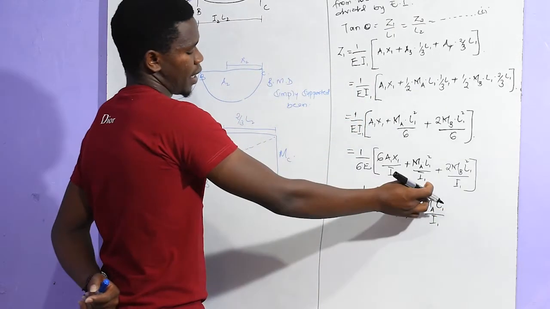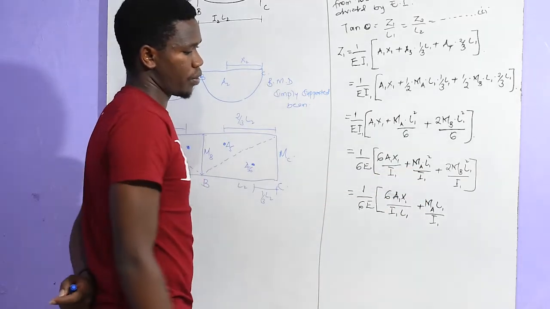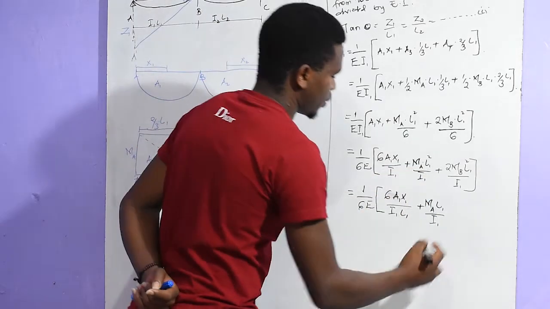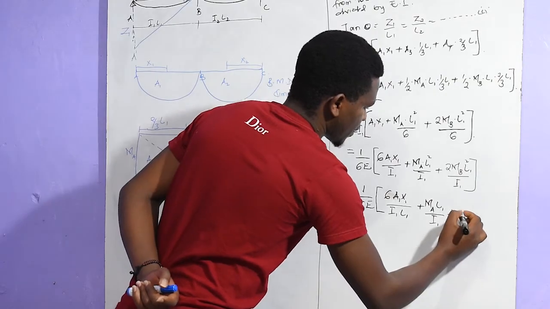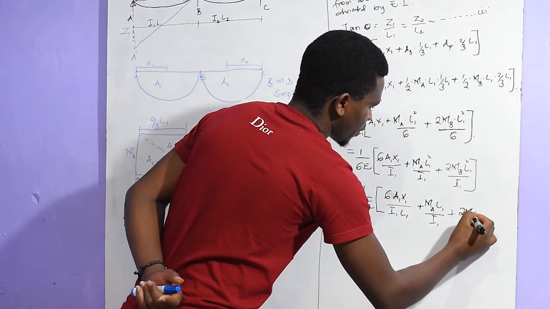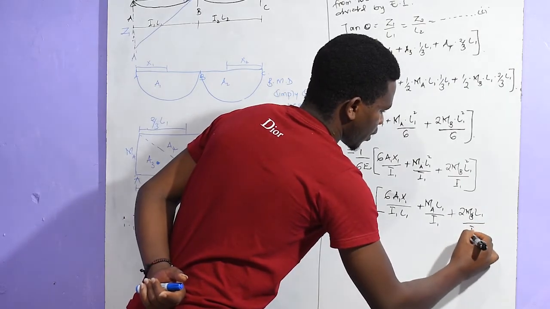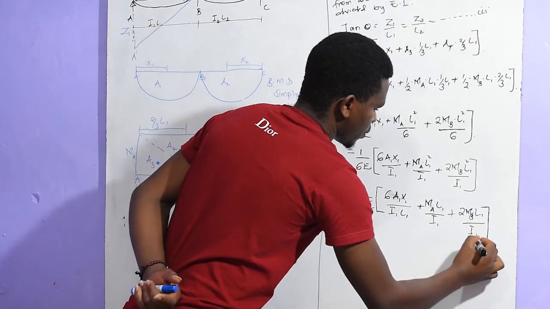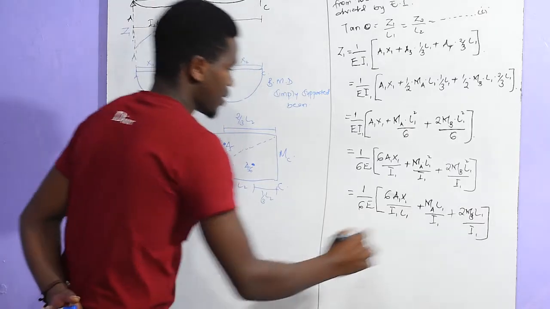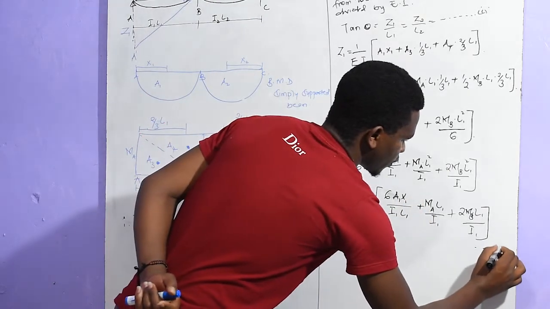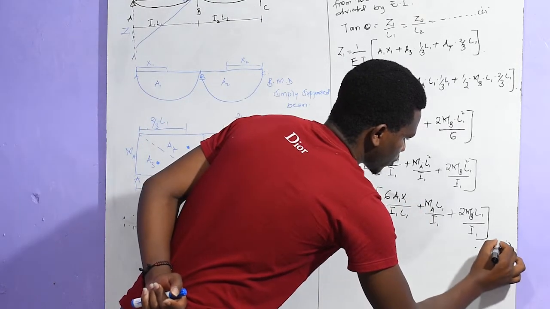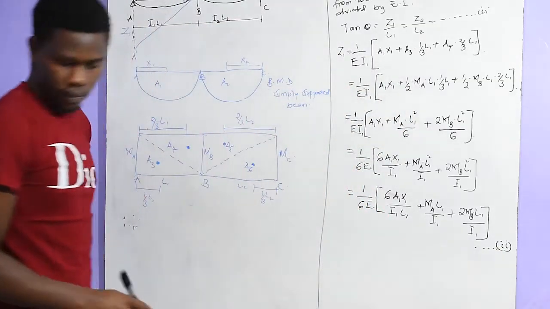Dividing by L1 cancels with one of the L1 and we are left with L1, plus 2 MB L1 over I1, like so. And this is our equation 2.